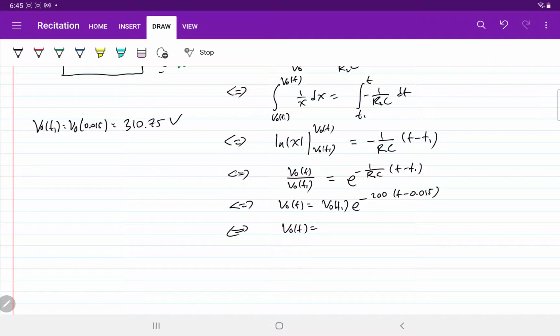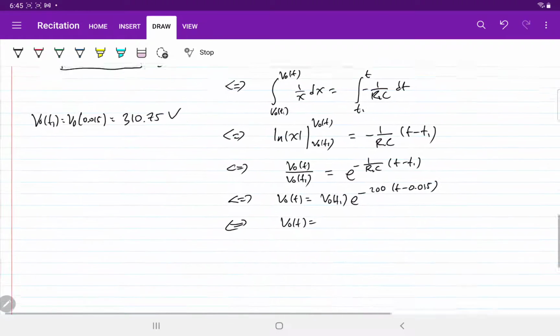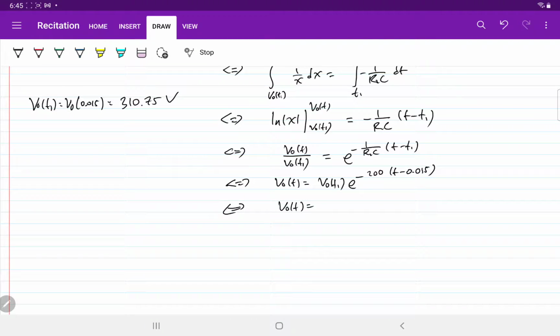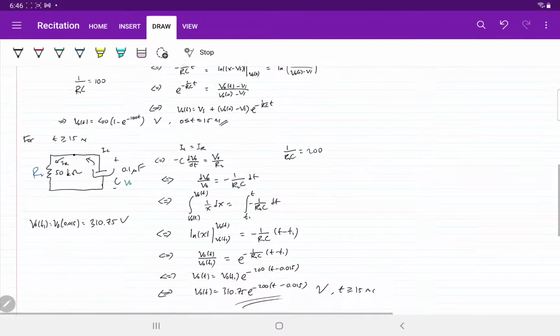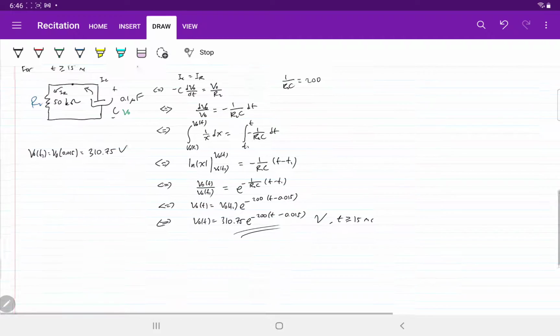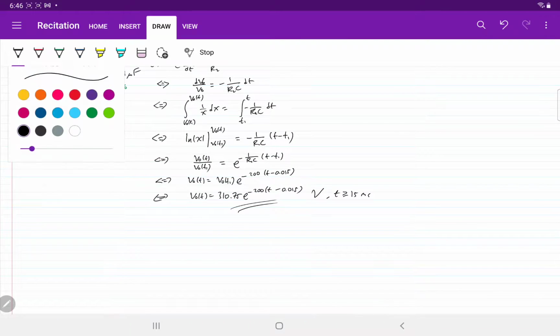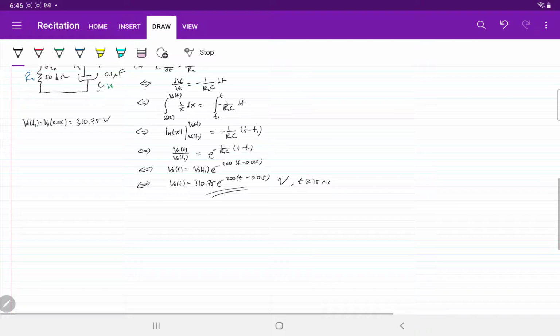So V0(t) for the interval t greater than or equal to 15 milliseconds is 310.75 e to the power minus 200 (t minus 0.015) volts. So we have the two equations, this one and that one, and those are the answers for A.